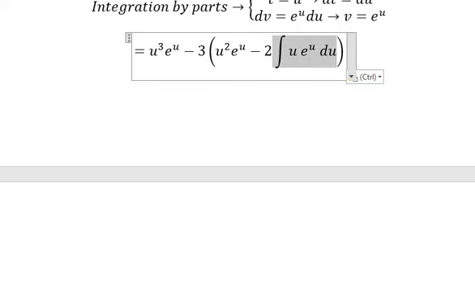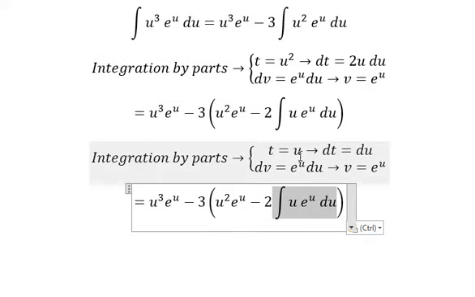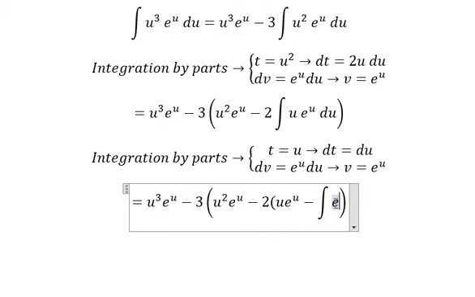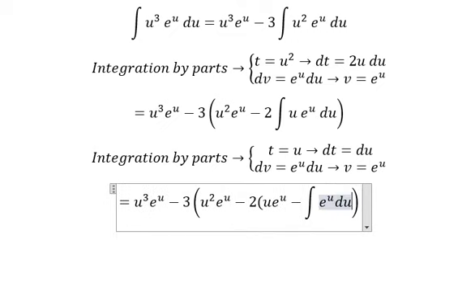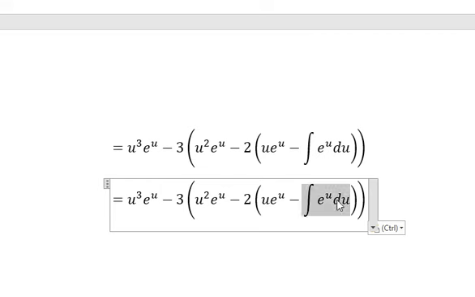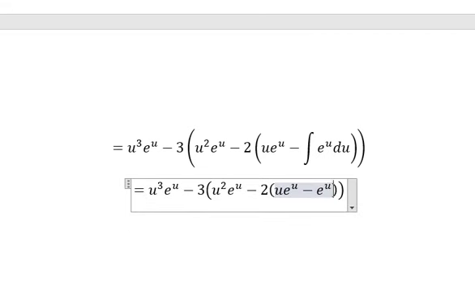So now we have u multiplied by v minus the integration of e to the power of u. The integration of this one, you get e to the power of u, and we need to put c outside.